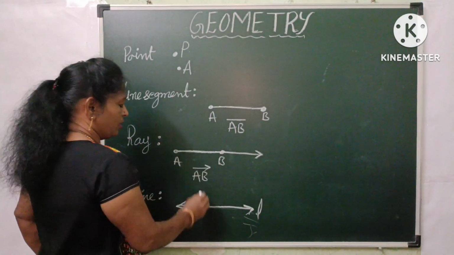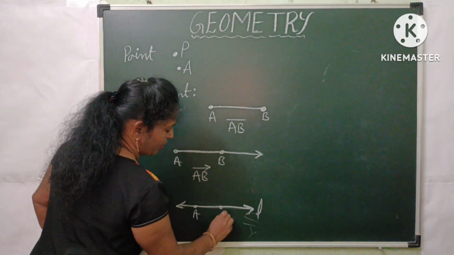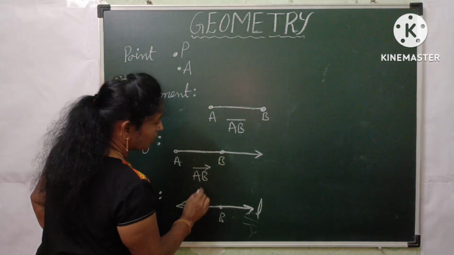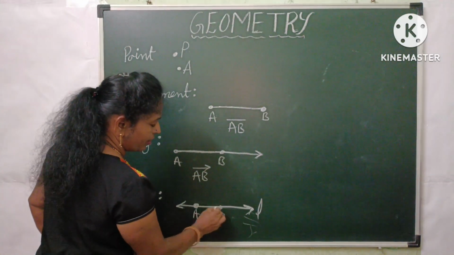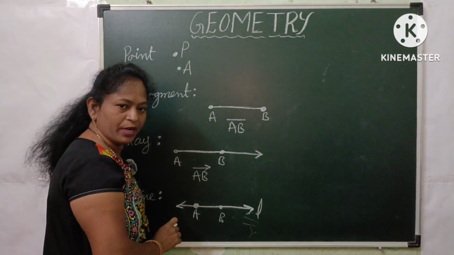Suppose we mark points A and B here. We can measure a line segment on the line. A to B is a line segment.